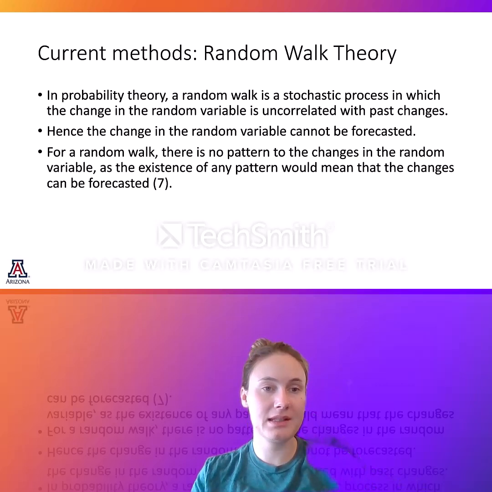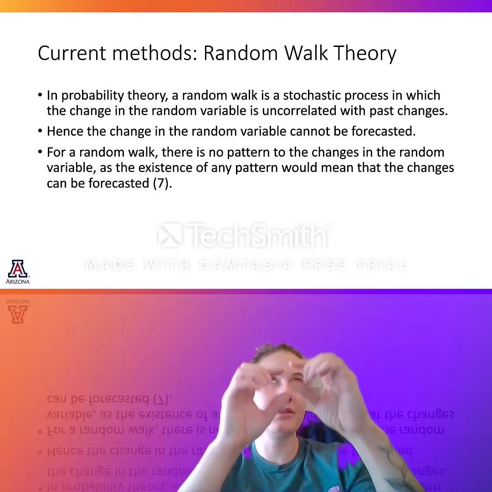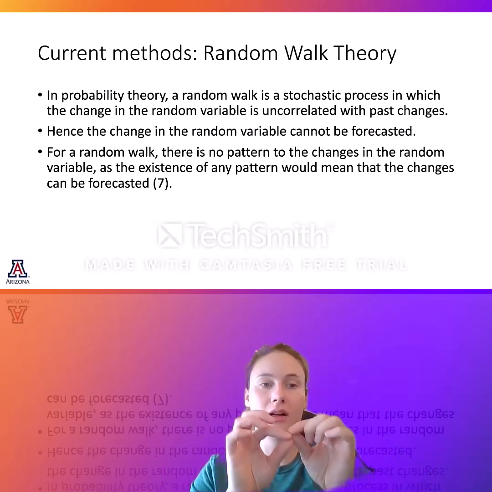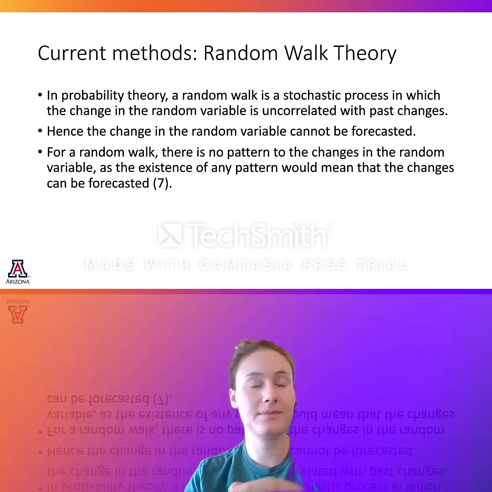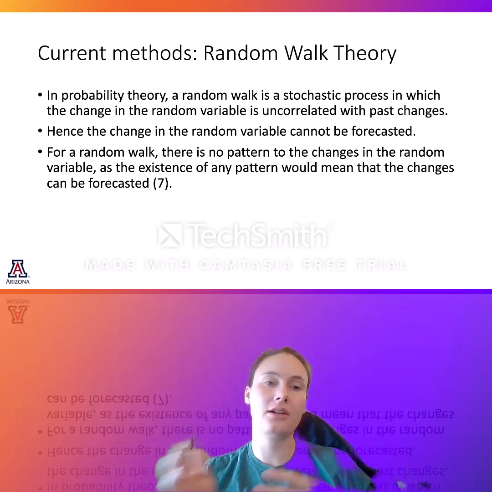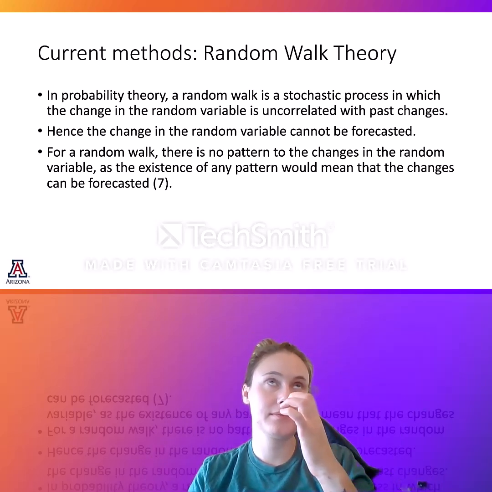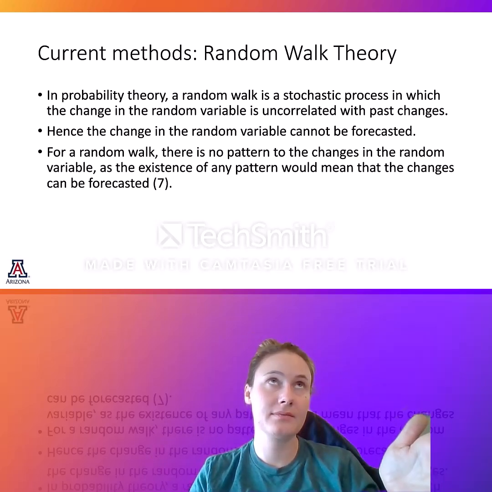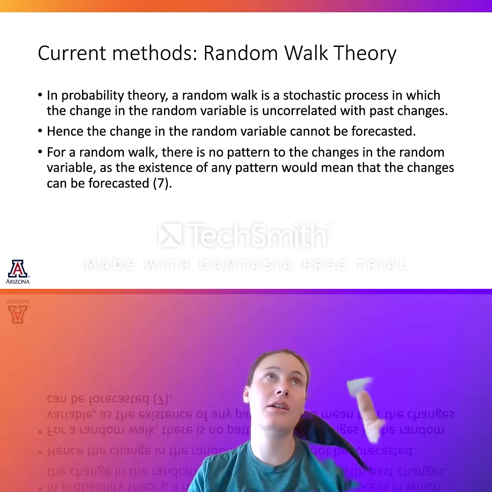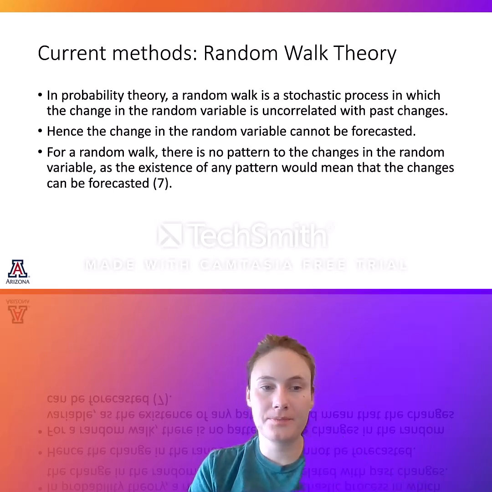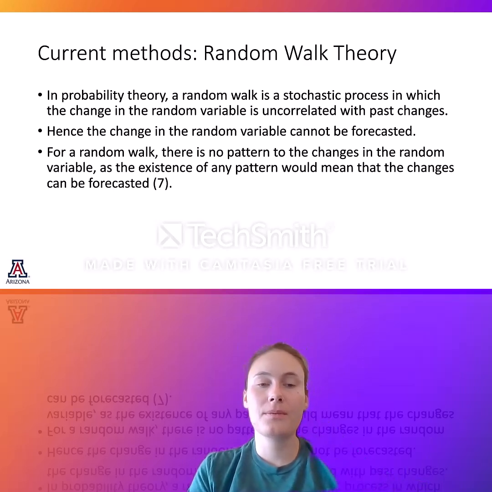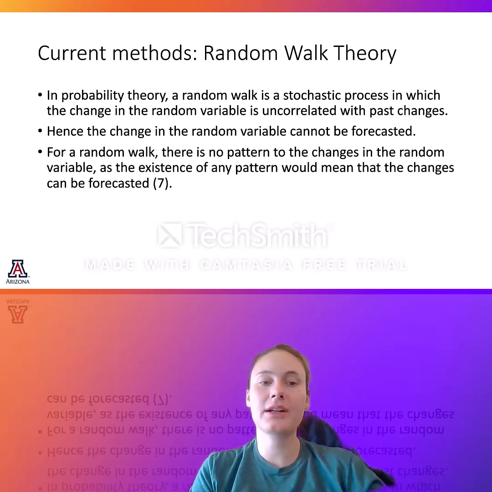Which means that the photon can walk in a random direction, and it's not relying on the path it took before. Hence the change in the random variable cannot be forecasted. In random walk, there is no pattern to the changes in the random variable, as the existence of any pattern would mean that changes can be forecasted.